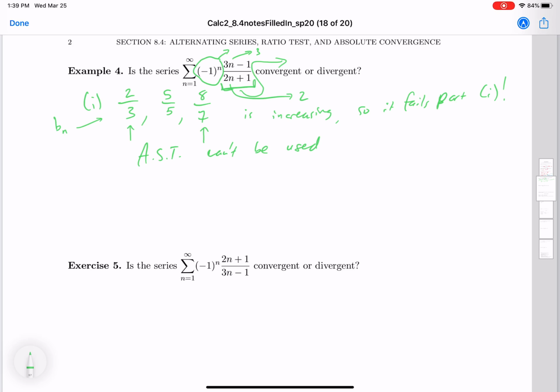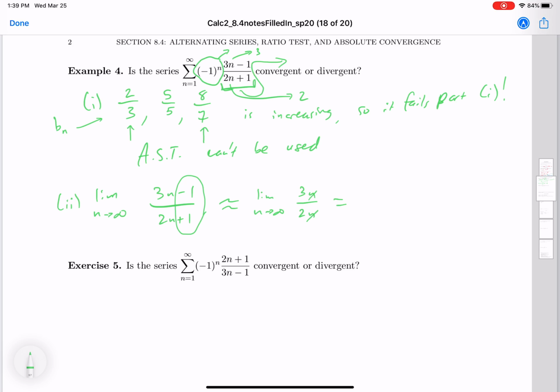So instead, what we're going to do here is look at the limit as n goes to infinity. This would have been my part 2 anyways. 3 to the n minus 1 over 2 to the n plus 1. Well, basically, this -1 and +1, when you have large n, those aren't really going to do anything. So this is going to be more or less like the limit as n goes to infinity of 3n over 2n.